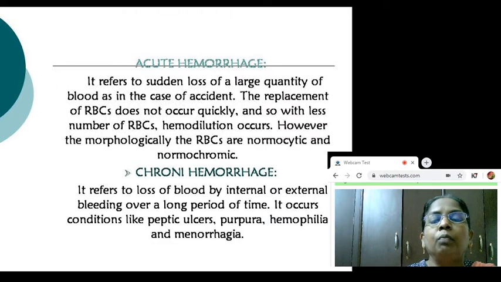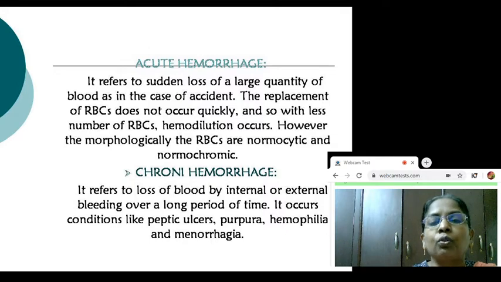Now we'll move on to acute hemorrhagic anemia. It refers to sudden loss of a large quantity of blood, as in the case of an accident, and the replacement of RBC does not occur quickly. So with a lower number of RBC, anemia occurs, and morphologically the RBC are normocytic and normochromic.